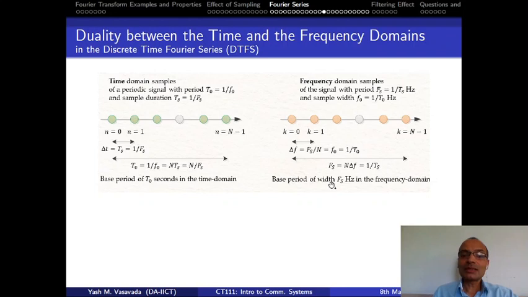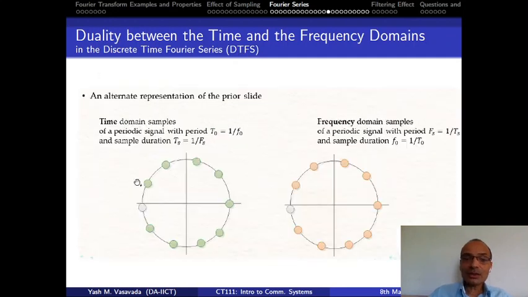So there is a very intimate relationship between what is going on in time domain and frequency domain when we consider discrete time periodic signals, for which our Fourier transformation becomes the discrete time Fourier series, or DTFS.